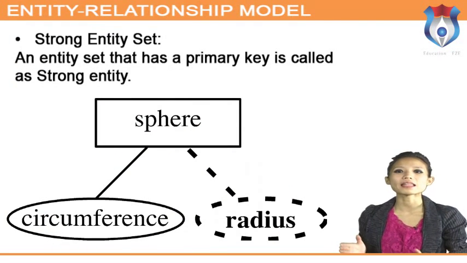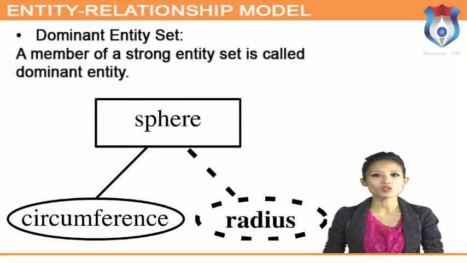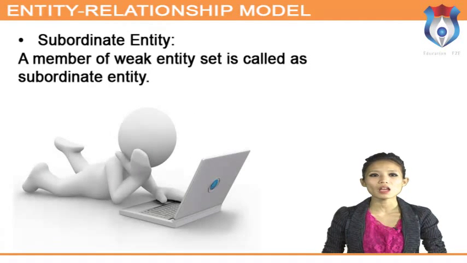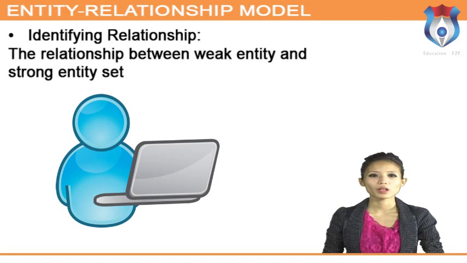An entity set that has a primary key is called a strong entity set. A member of a strong entity set is called a dominant entity. A member of a weak entity set is called a subordinate entity. The relationship between a weak entity set and a strong entity set is called an identifying relationship.